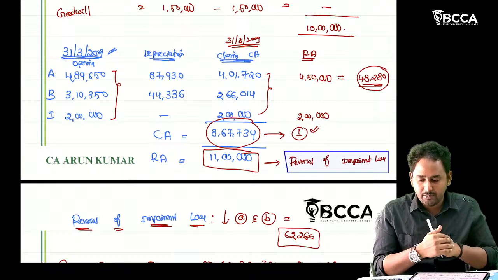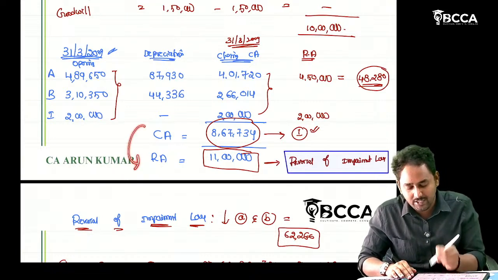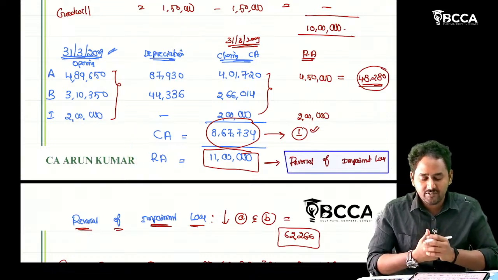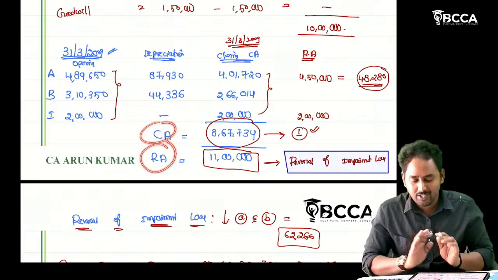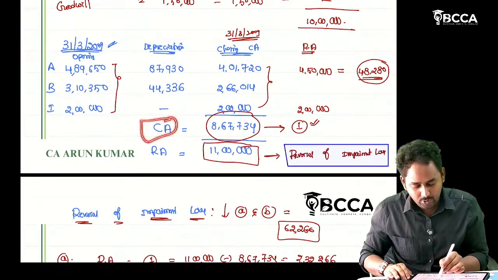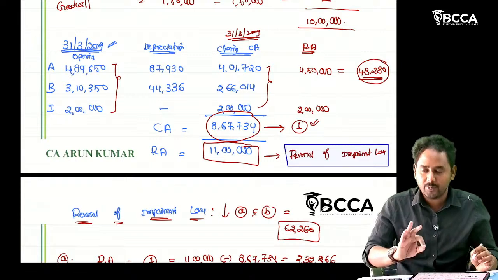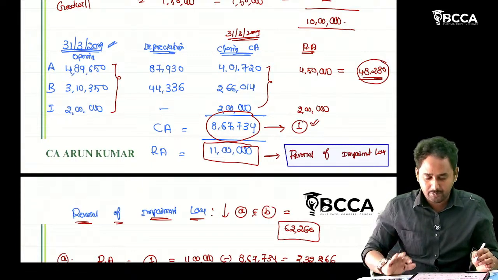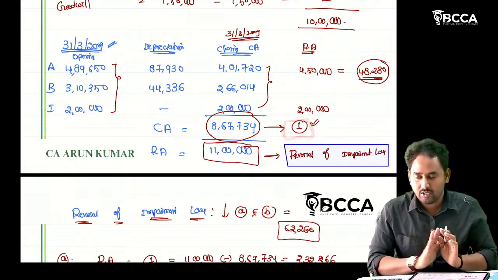If it is an impairment loss, the formula is carrying amount minus recoverable amount. If it is a reversal of impairment loss, you do the opposite: recoverable amount minus carrying amount. Okay, I will give you the steps. So what is the carrying amount? 867,734 before the reversal of the impairment loss. Assume that it is equation 1.